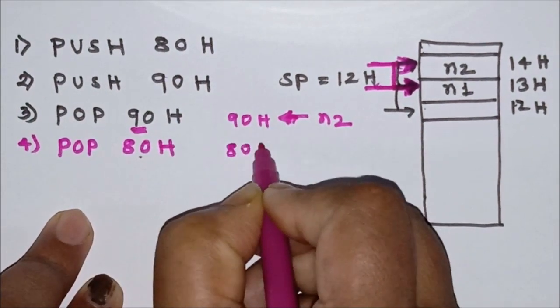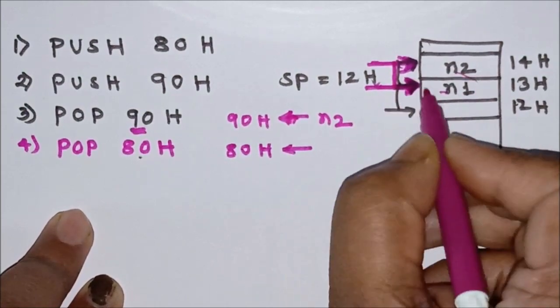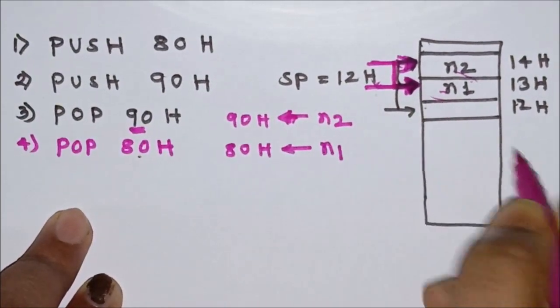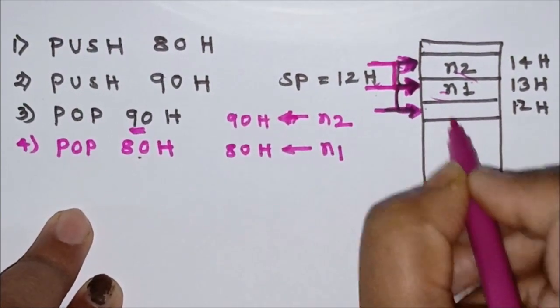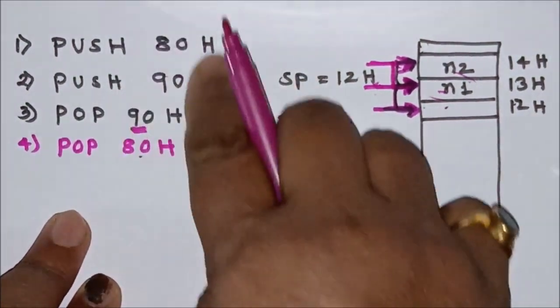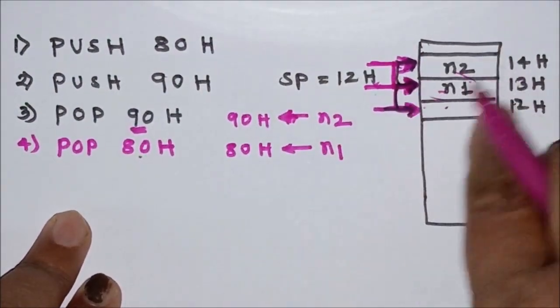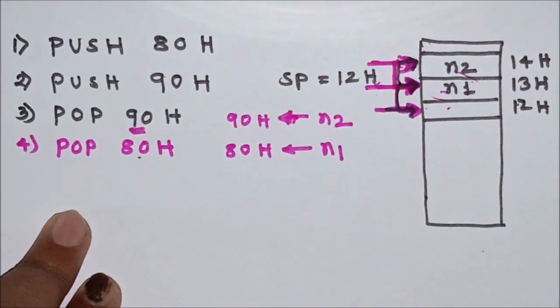So after execution of this instruction at 80H, the contents of memory where stack pointer is pointing will be stored, and after this stack pointer will be decremented by 1 and it will point to this memory location. So whatever data we want to preserve for these two address locations will be stored on stack, and pop instructions will be used in reverse order.